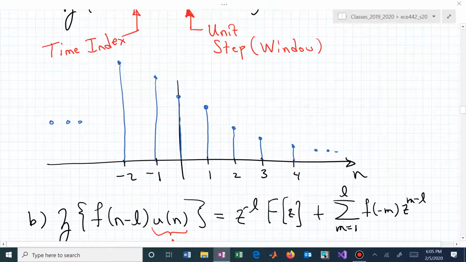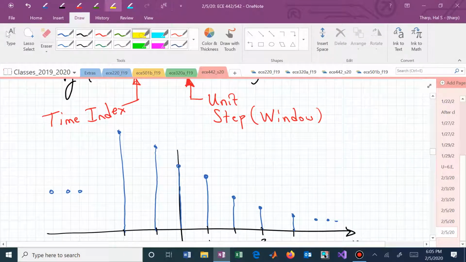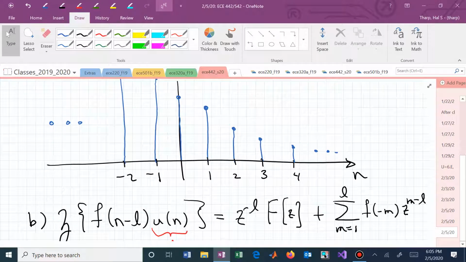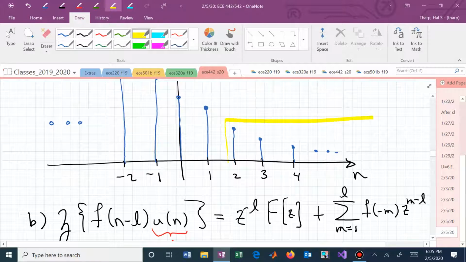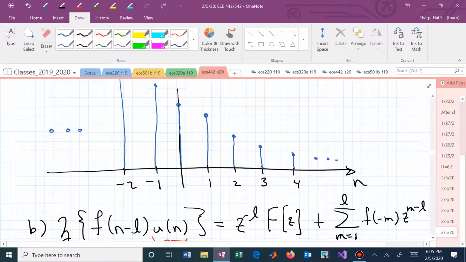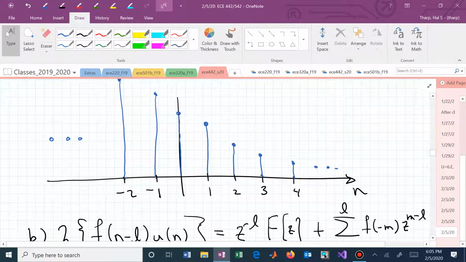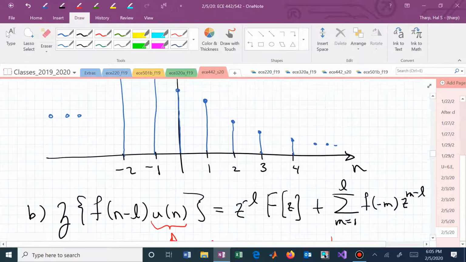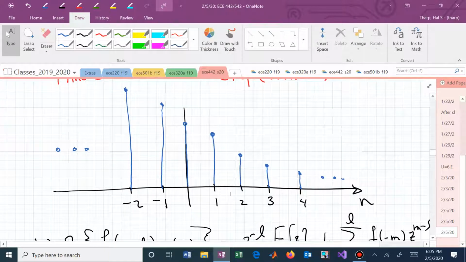Suppose it was delayed by 2, little l was 2, and now, this is hard to explain with just one curve.